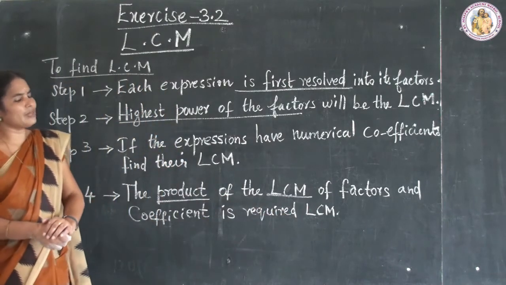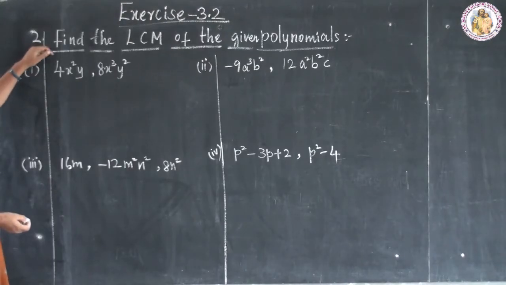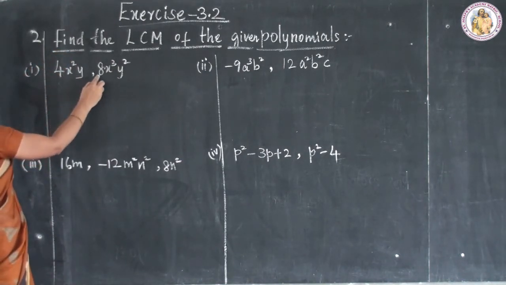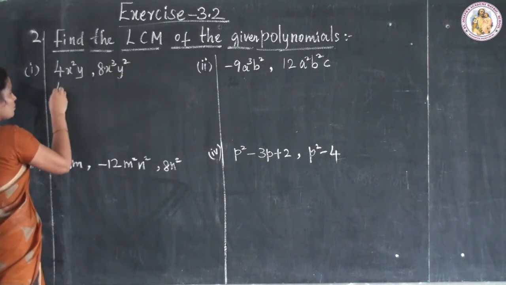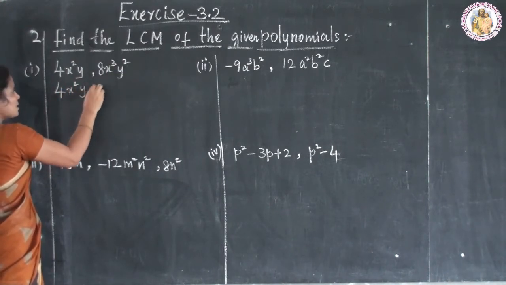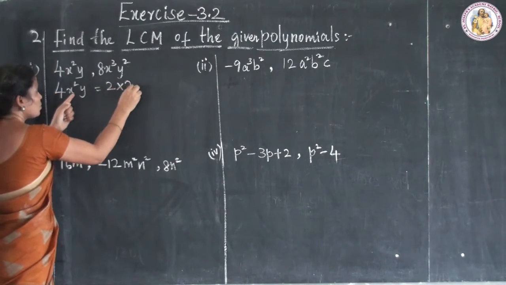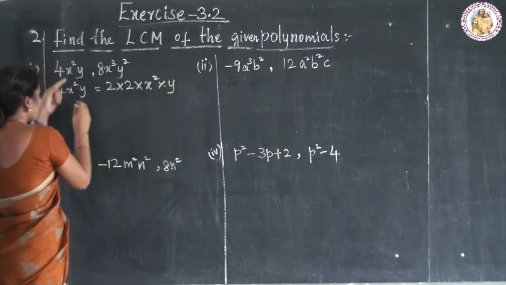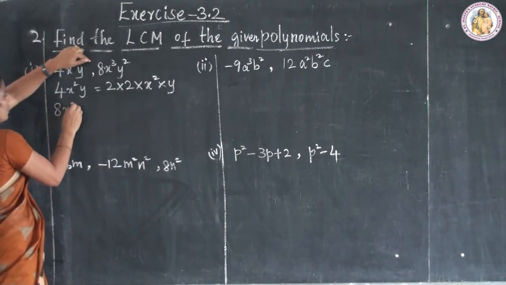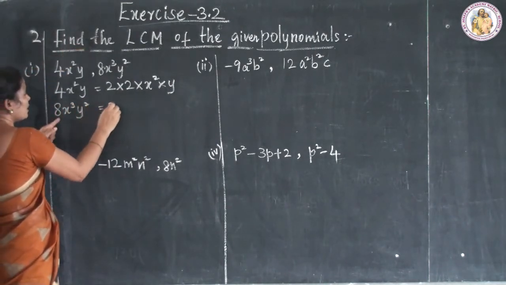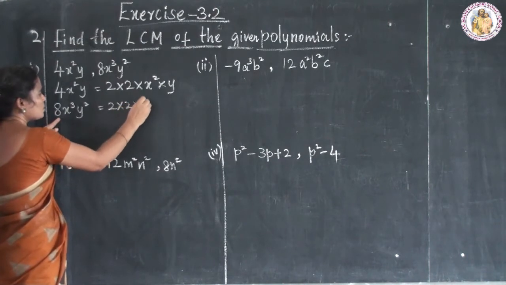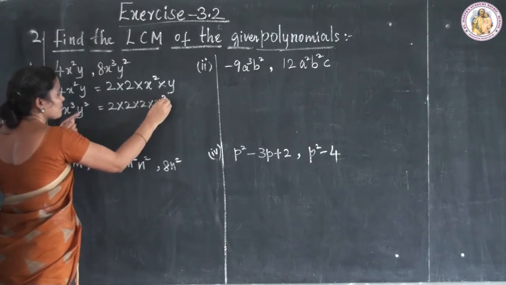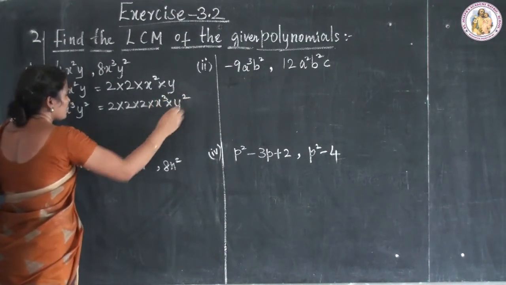Okay, now let us go on with the exercise. Question number 2, find the LCM of the given polynomials 4x square y and 8x cube y square. 4x square y is equal to 2 into 2 into x square into y, and 8x cube y square is 2 into 2 into 2, that is 2 2s are 4, 4 2s are 8, into x cube into y square.